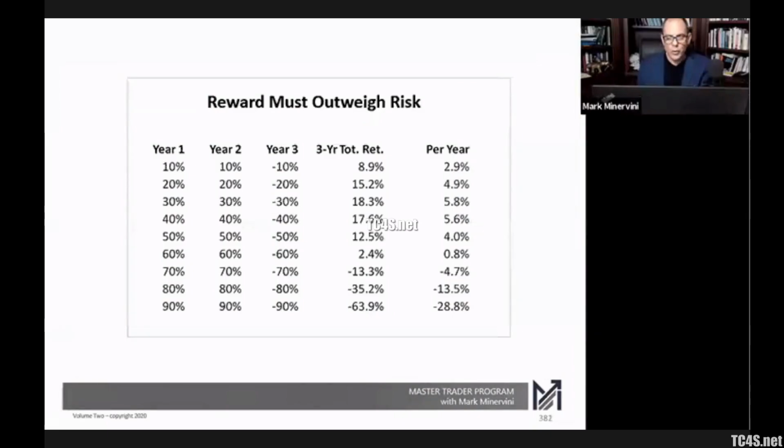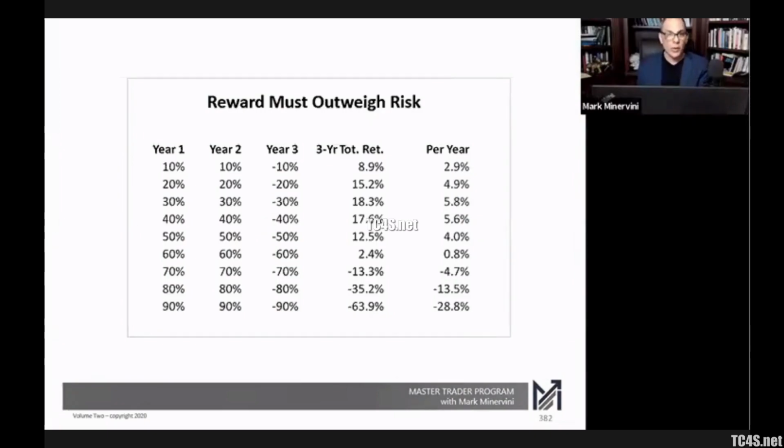So you've got a 3-year return set, right? And I'm going to give you the choice of having a fixed number anywhere between 10 and 90% per year. And you choose which one, whether it's 10, 10, 10, or 20, 20, 20. Two of the years are going to be gains. So if you pick 20, it would be 20% winning year, 20% winning year, 20% losing year.